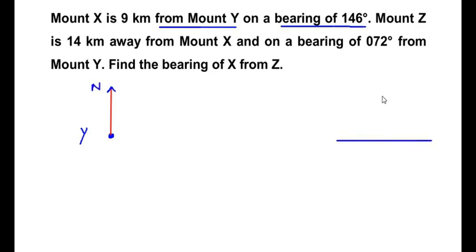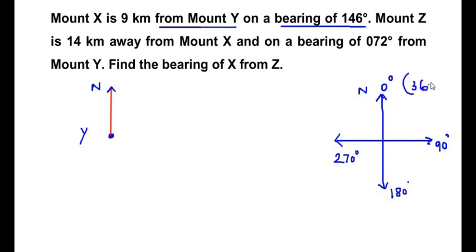So if this is the north line and we take 0 degrees from the north, this is going to be 90 degrees, this is going to be 180 degrees, and this is going to be 270 degrees. And if we come back to the north line, we are going to have a complete loop that's going to make it 360 degrees.